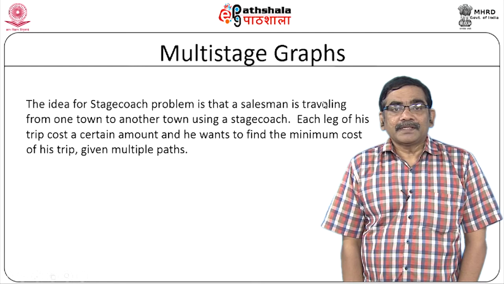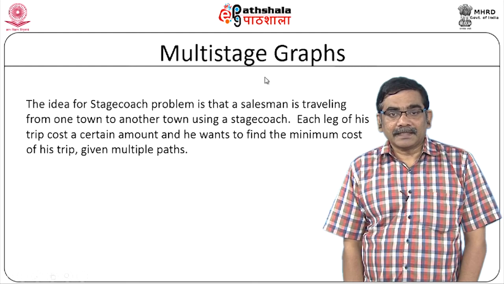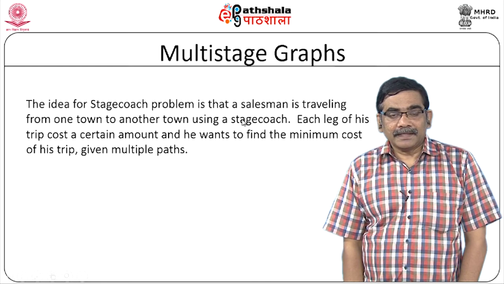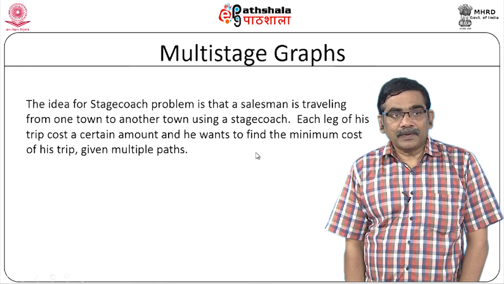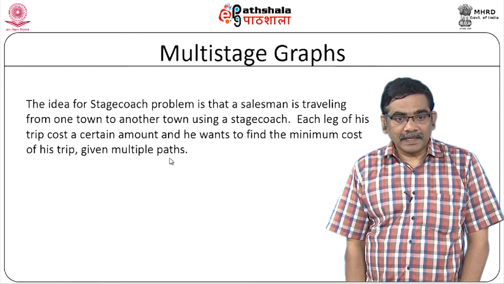So, the aim is to find the shortest path from source to destination using all the intermediate cities. The logic is that we have to take multiple decisions at various stages, and ultimately we want to find the minimum cost of the trip, especially in the case of multiple paths.